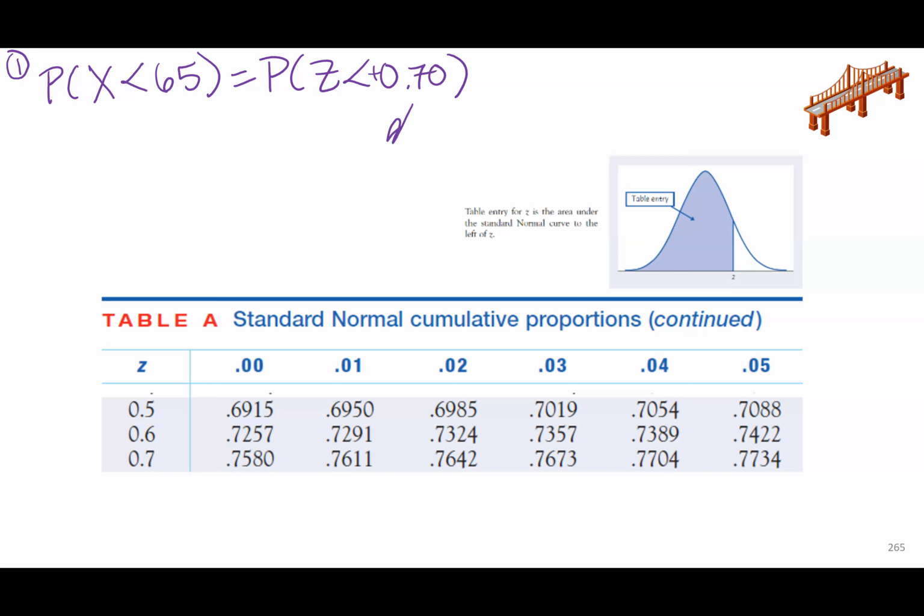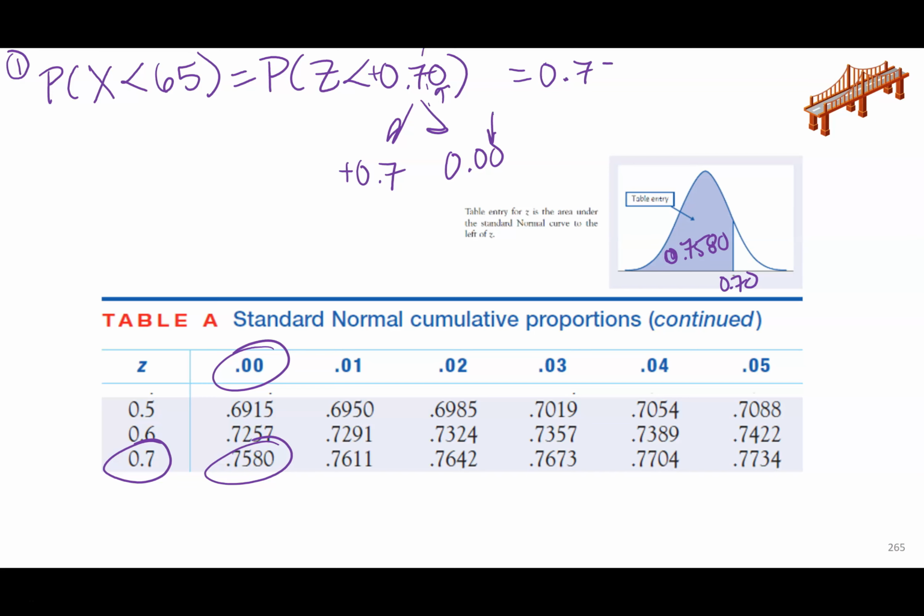I'm going to break this up. So positive 0.7 and looks like I have a 0 in my hundredths place. That's what goes here. So 0.700. Okay. So 0.7580.